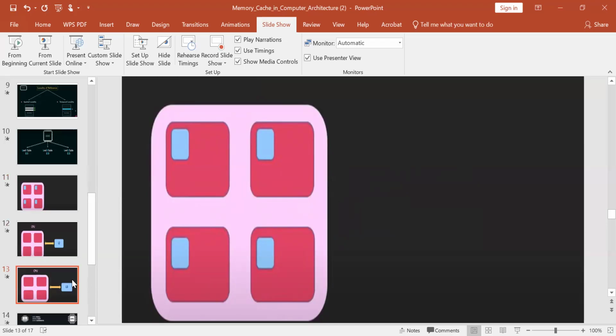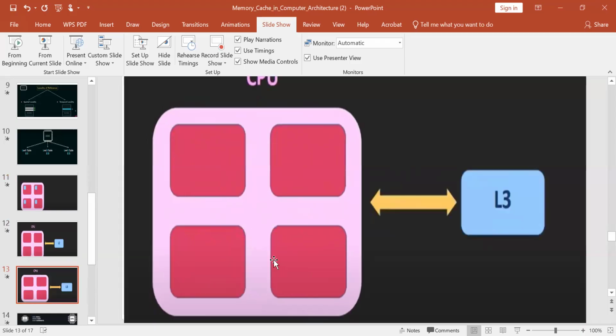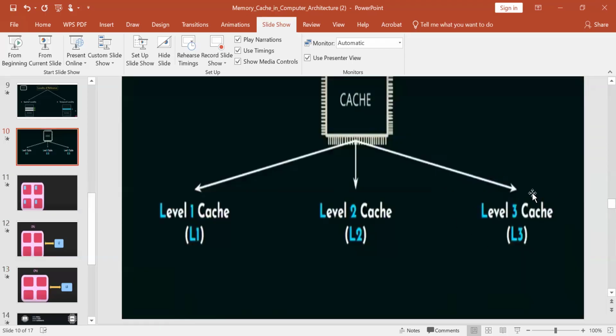Now, the third level is what we refer to as the level three. They are typically outside, and not all processors use this level three. They are usually used by higher end processors. What the level three does is to enhance the performance of the L1 cache and then the L2 cache.